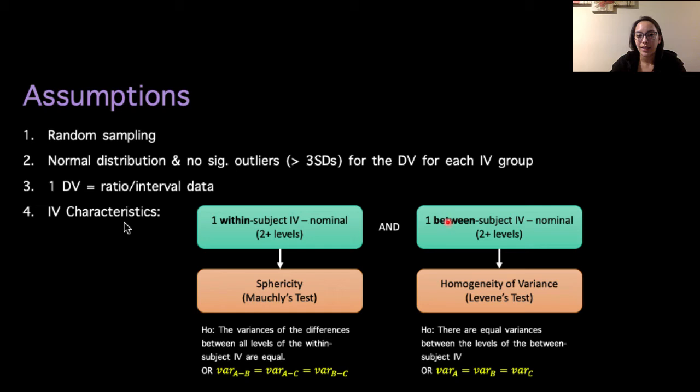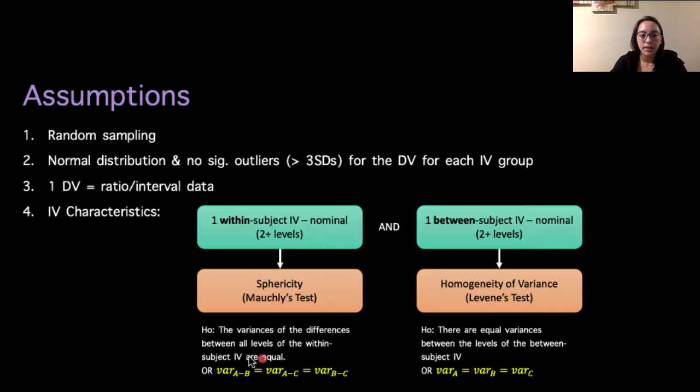So we will do the same thing using Levene's test for our between subject independent variable. For our within subject variable, when we talked about repeated measures ANOVAs last week, anytime we have a within subject independent variable, we have to look at sphericity, which we assess using Mauchly's test.